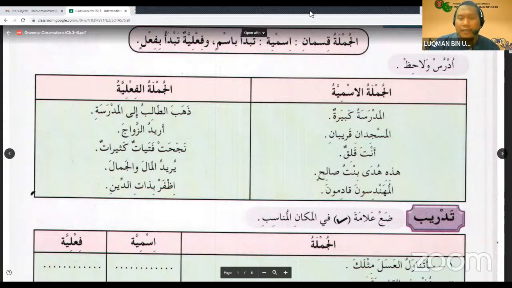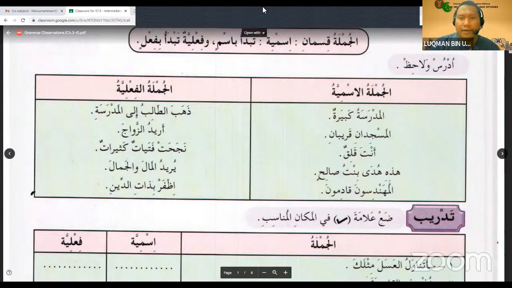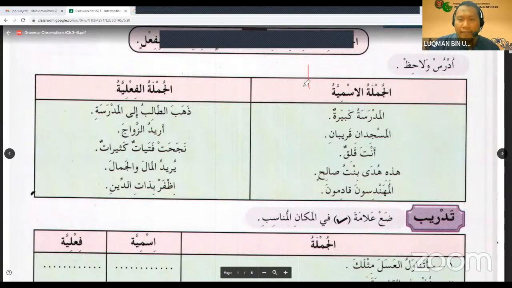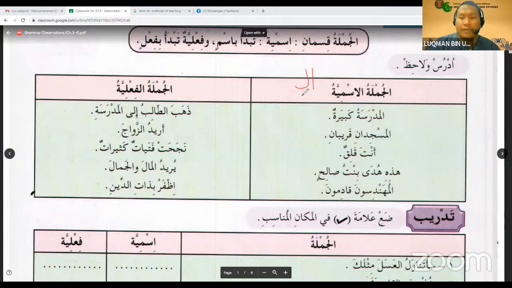First is that it uses al, the alif lam. So if you see a word starts with al, it's automatically a noun. Then if you see a tanwin, nunation, tanwin fatha, tanwin dhamma, tanwin kasra, if a word ends with this, it's automatically a noun, ism.